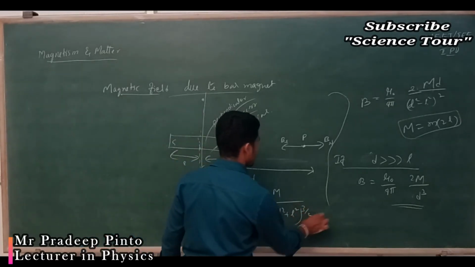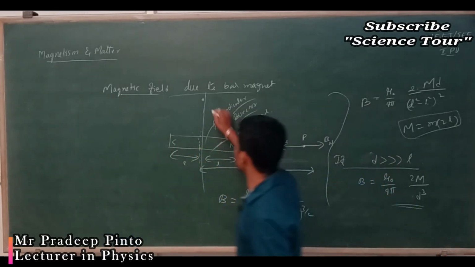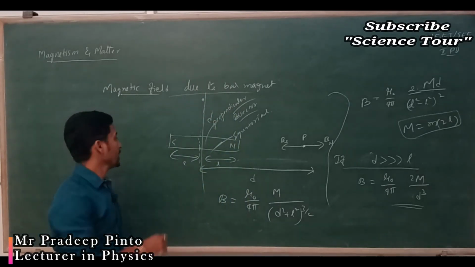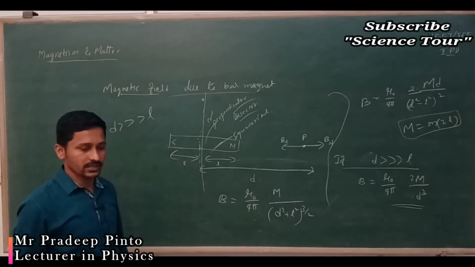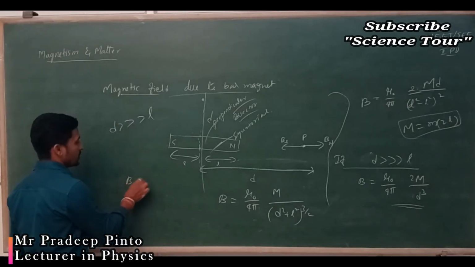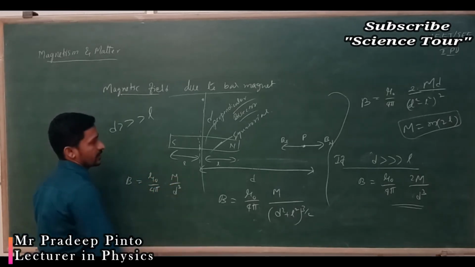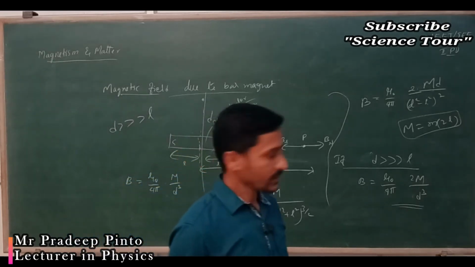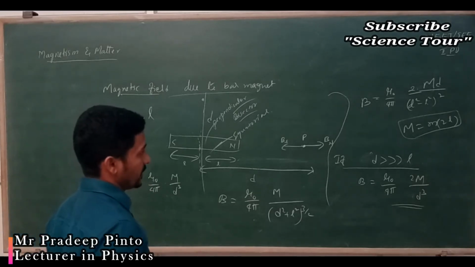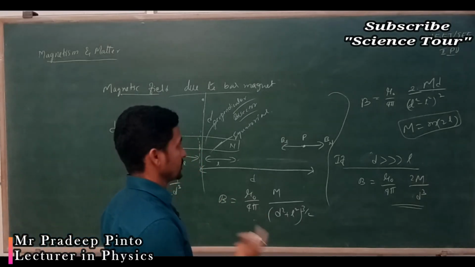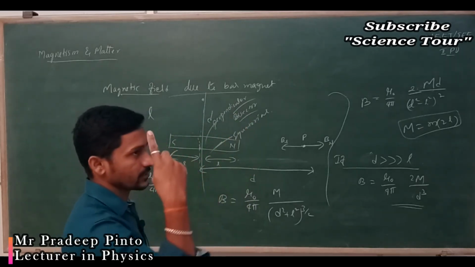Again we make the consideration that d is very much greater than l, and we get B equals mu naught divided by 4 pi into m divided by d cube. On the axis we get 2 times, here it is a single time. That is the relation, 2 times and 1 time.